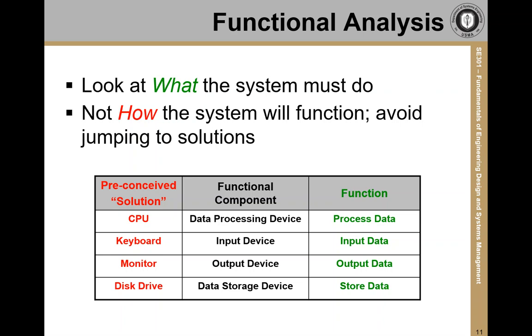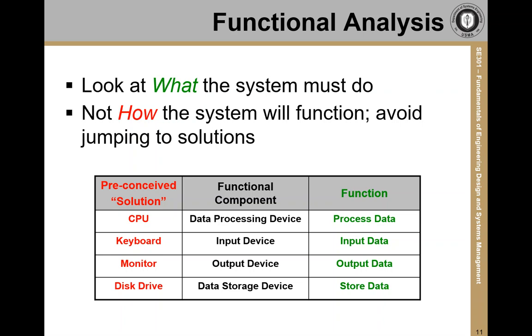However, the function that it is achieving, that's what we're trying to get after with functional analysis, is actually processing data. If we're talking about inputting information into a computer, our input device, the keyboard, is a way to do that. However, that's how we're inputting data, not our function. Our function would just be simply to input data.